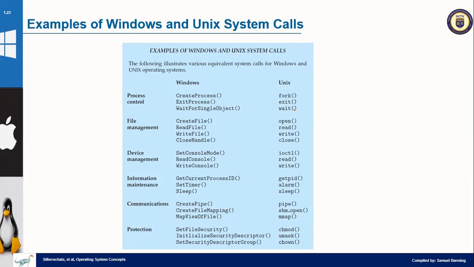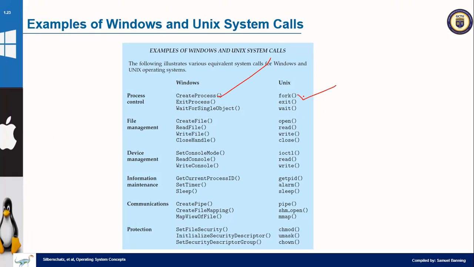Okay, so this here also tells you why Windows-based applications cannot work on Unix-based applications. If I write a program in Windows, I want to create a process, it uses create process. On Linux machines, they don't understand create process. I must use fork.